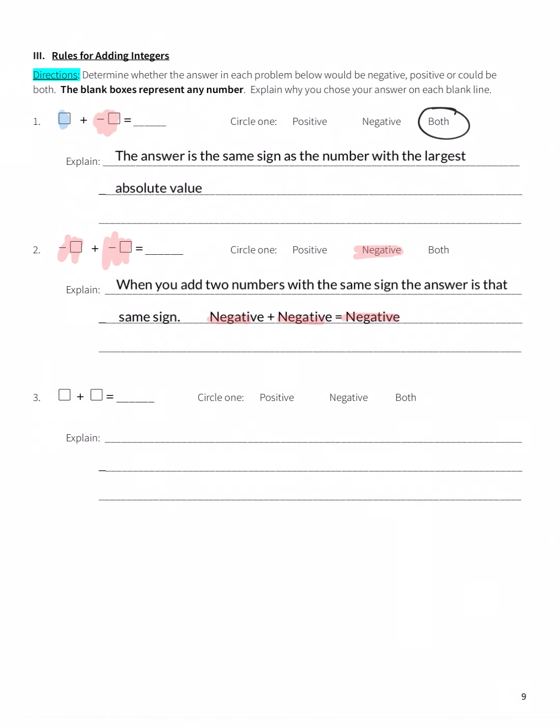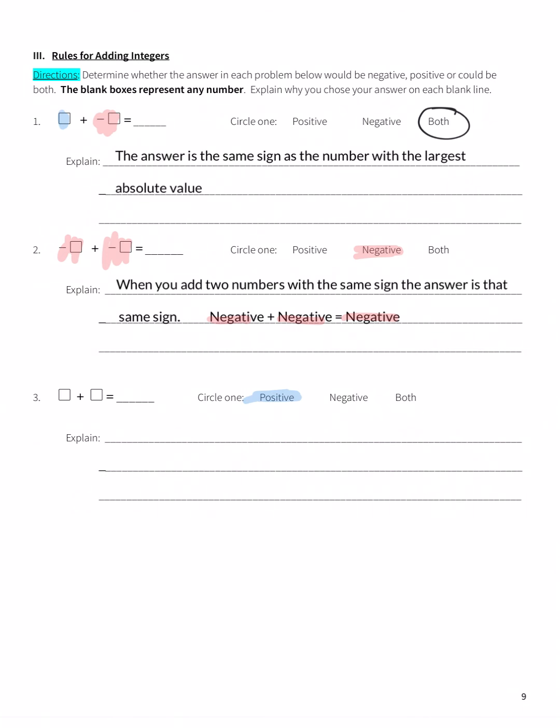All right, so now let's move here. We have any positive number plus any positive number. Do you think that answer is always positive, always negative, or could it be both? Think about this rule up here when you're thinking. All right, if you said positive, you are correct.